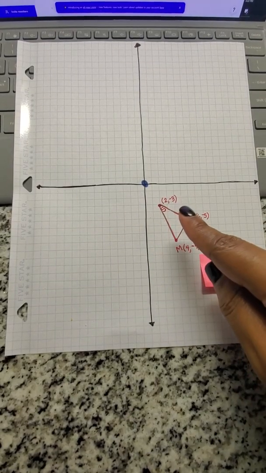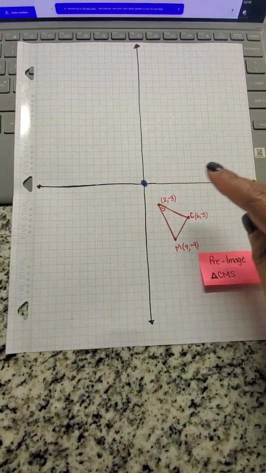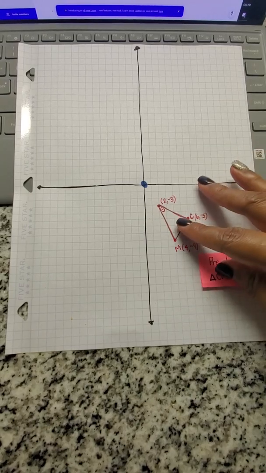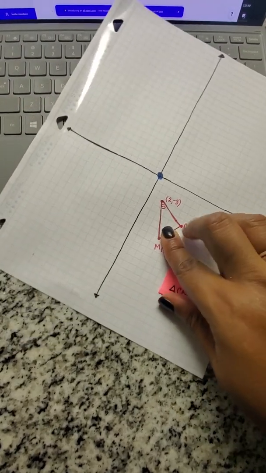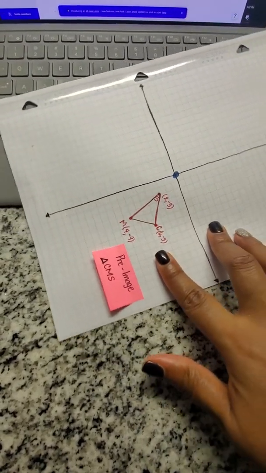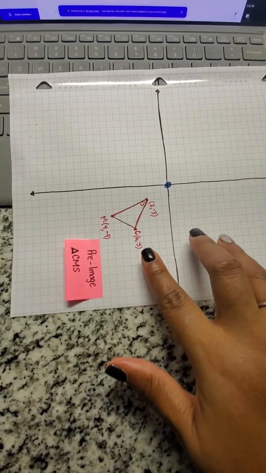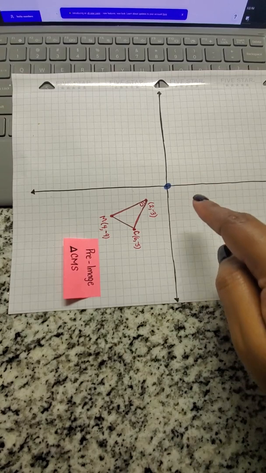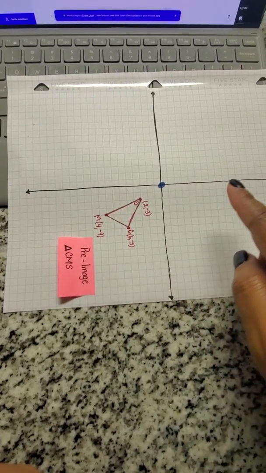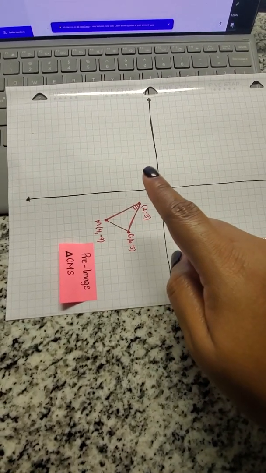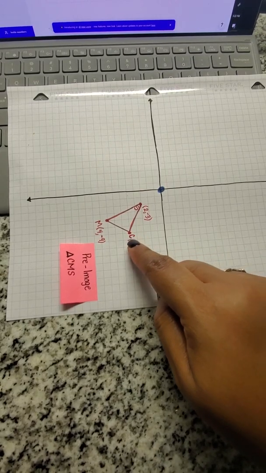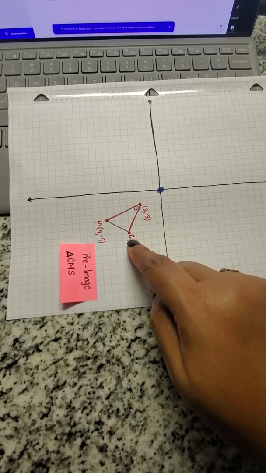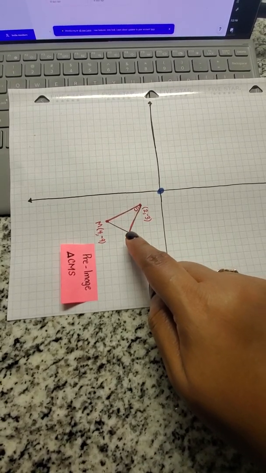I'm going to take my paper and turn it to the right 1 time. Okay, so that's 1 turn, because remember, about the origin is quadrant to quadrant. Now I notice that my triangle is sitting in quadrant 3.